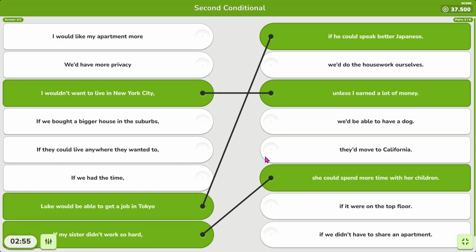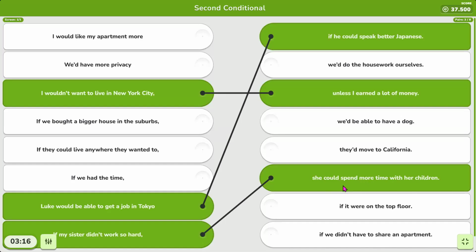So the order can be different. The condition at the very beginning, if my sister didn't work so hard, it is in past. And the result, she could spend more time with her children.